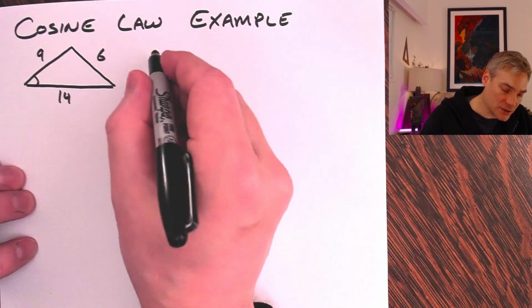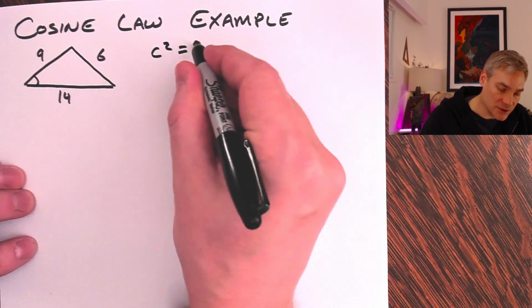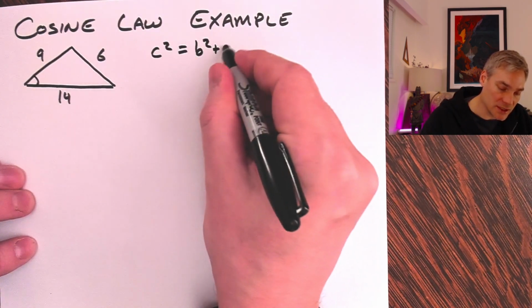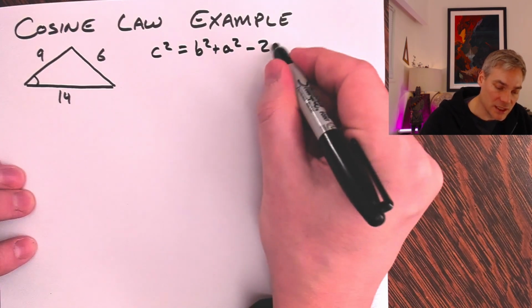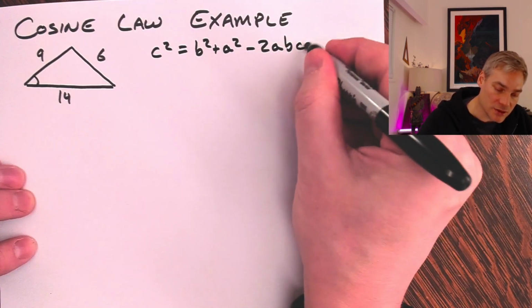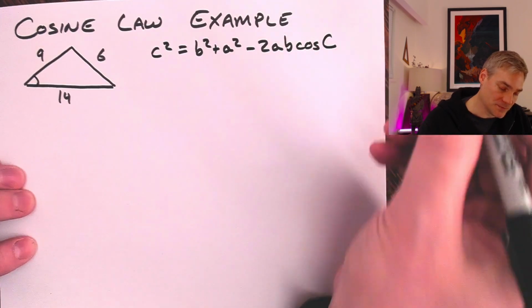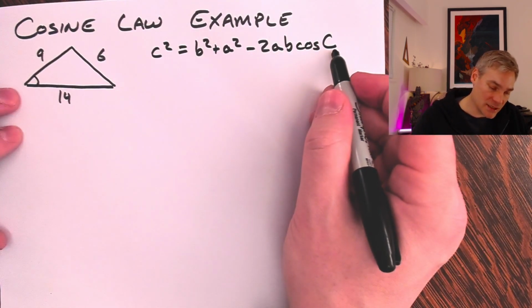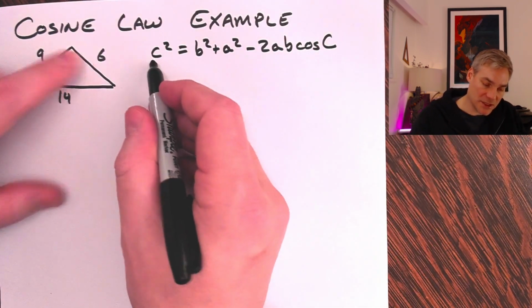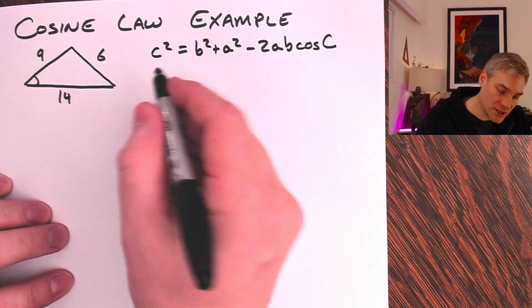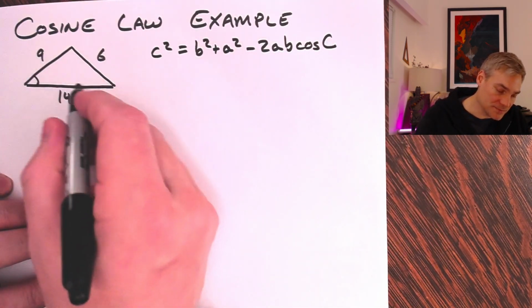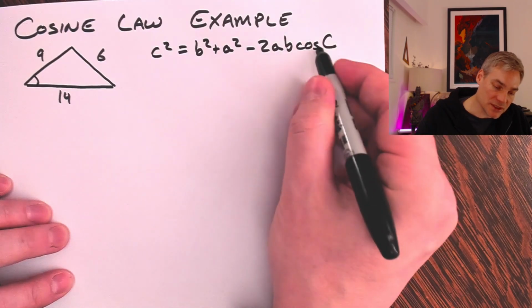So I know the cosine law is c squared equals b squared plus a squared minus 2ab cos c. If I want this angle to be c, then 6 is going to be my side c. So now I'm going to start putting these numbers in, and I'm also going to solve for c.